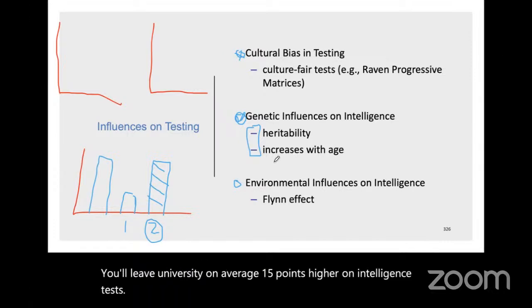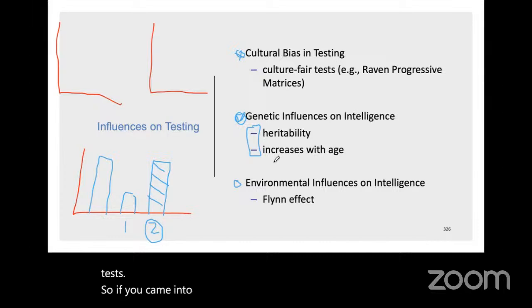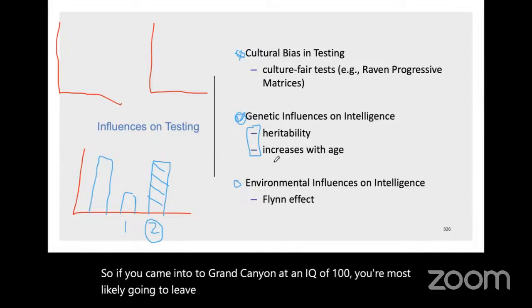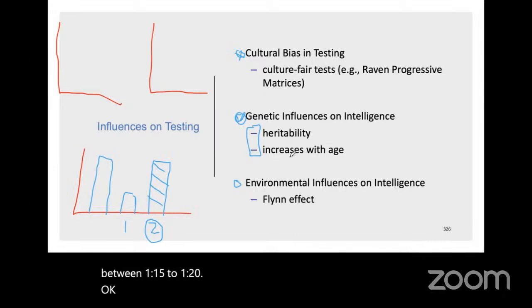So if you came into Grand Canyon at an IQ of 100, you're most likely going to leave Grand Canyon University when you graduate between 115 to 120. Okay. We know that with age, intelligence scores will increase. Okay.